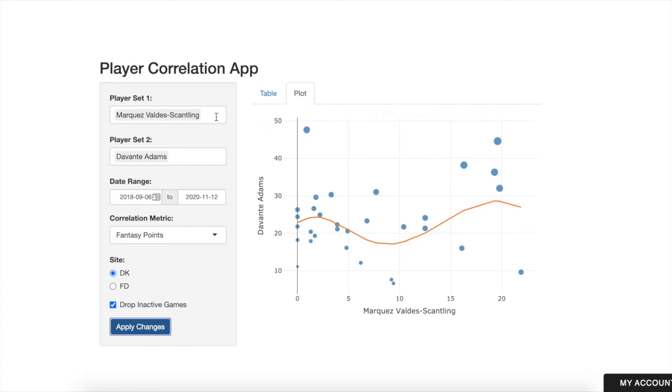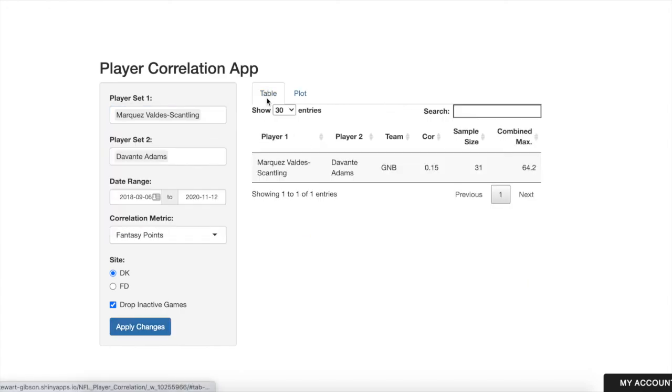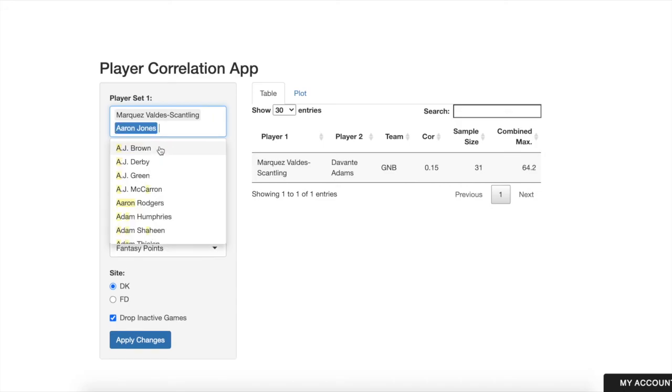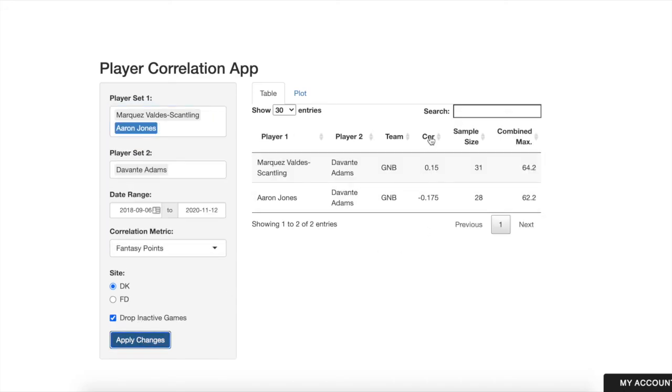By simply looking at these two guys' correlation metrics with Adams, we can quickly see which player is a preferred leverage piece against Devontae Adams.